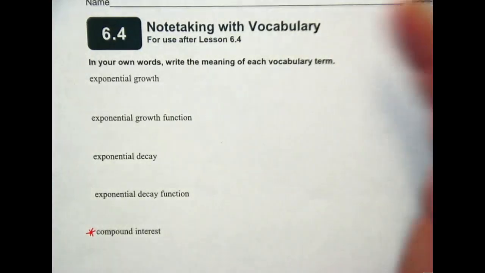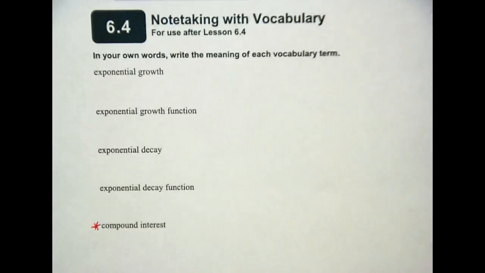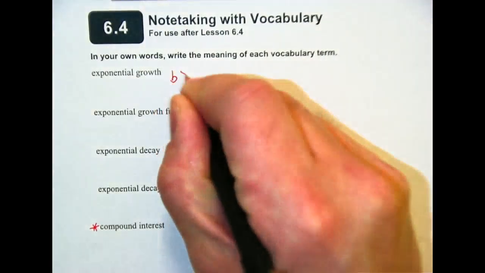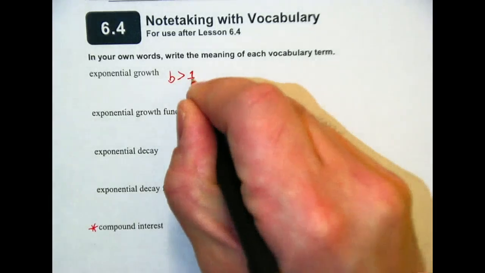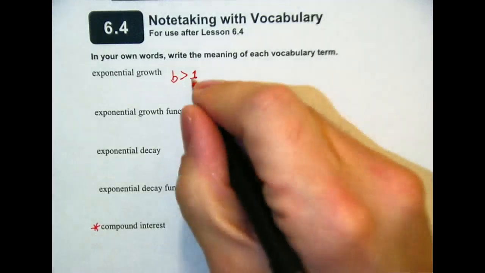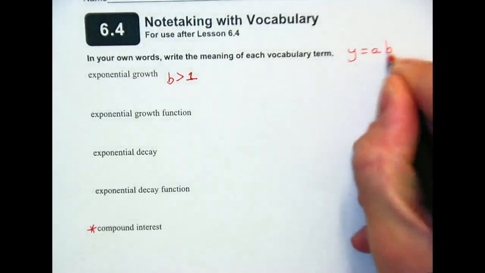Okay, what do we know about exponential growth so far? Go ahead. B is greater than 1. Okay? Our base is greater than 1. Anything else? So Brendan, that's it when you're dealing with y equals ab to the x.